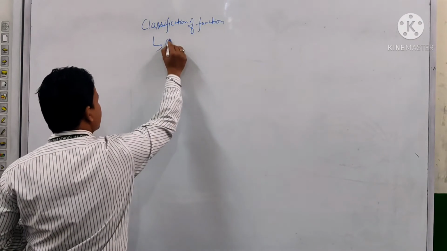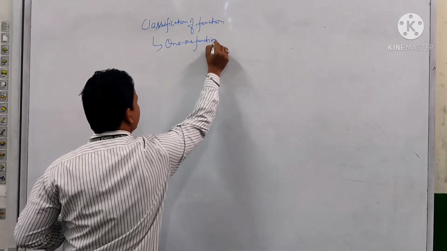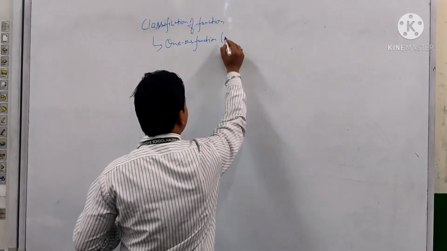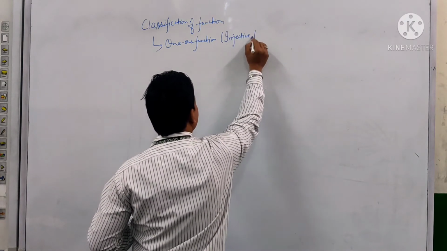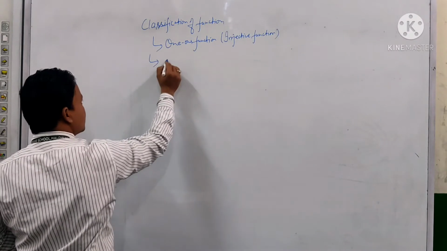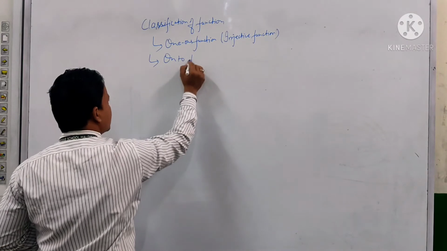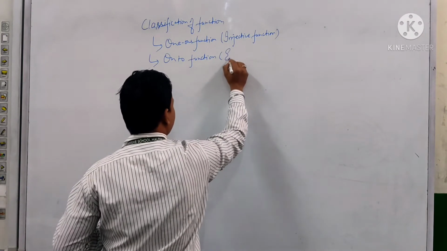So the very first is one-one function. It is also known as injective function. And the second one is onto function. It is also known as surjective function.